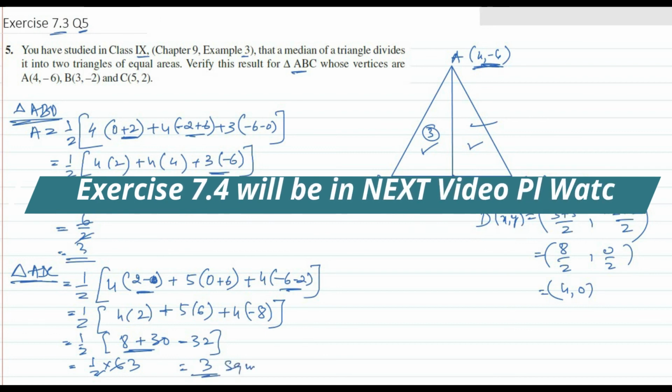So this is 3 square units and this is also 3 square units. So the areas of these two triangles are the same, because this is the median, the areas of the two will be equal, and hence it is proved. Okay, thank you.